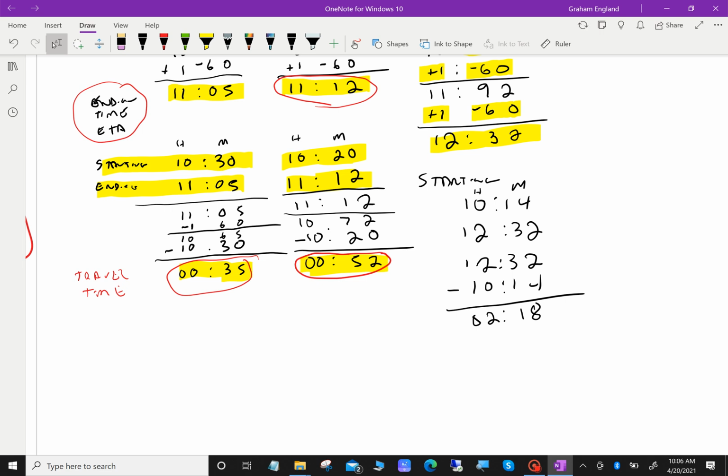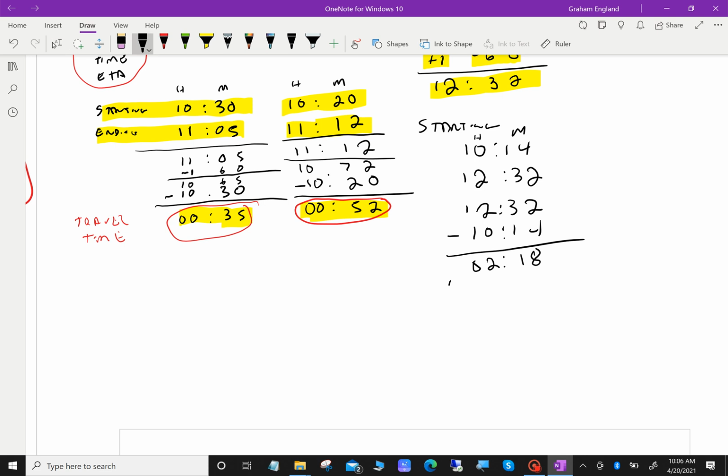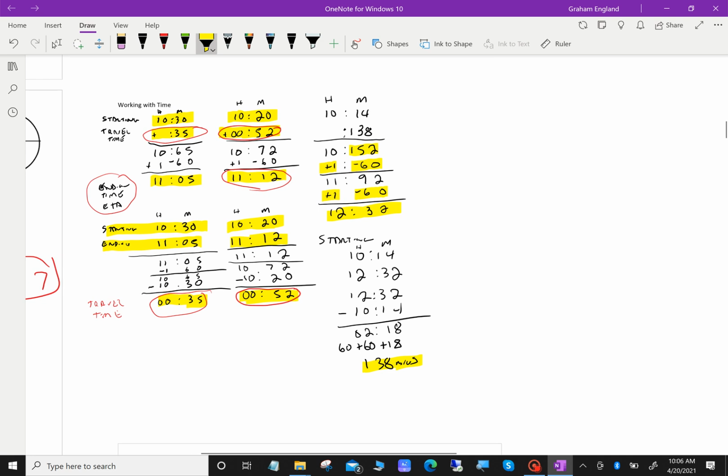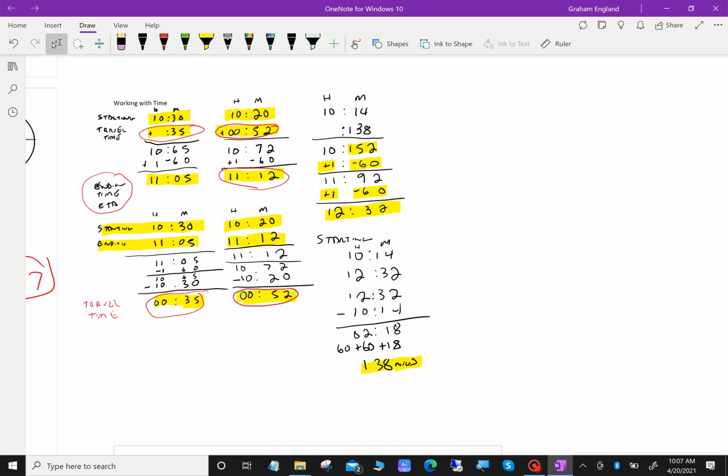So the best way to do this is say that's 60 plus 60 plus 18. You add 60 plus 60 plus 18, you end up with 138 minutes. Okay, and sure enough, these two numbers match just like we had before.